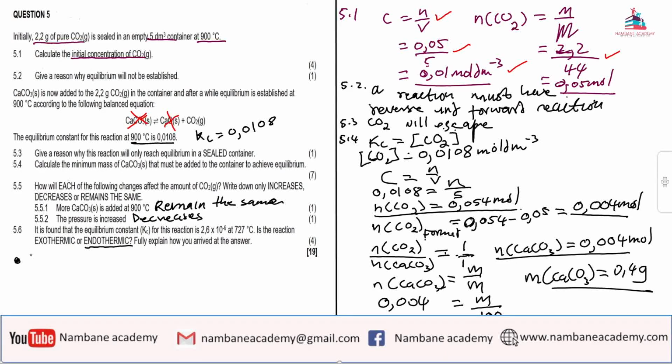Bullet number 1: Kc decreased with a decrease in temperature. And then what does that mean? The reverse reaction is favored.